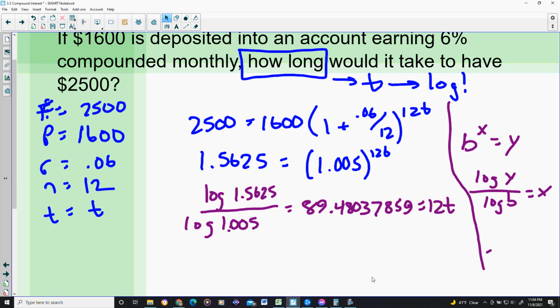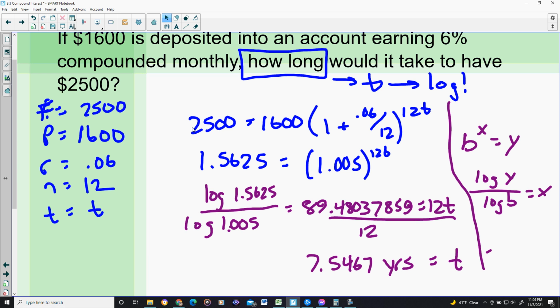Okay, so now that we have this, we can simply divide everything by 12, and so we get 7.4567 years. So we have a little over 7.5 years in which to earn that much money.